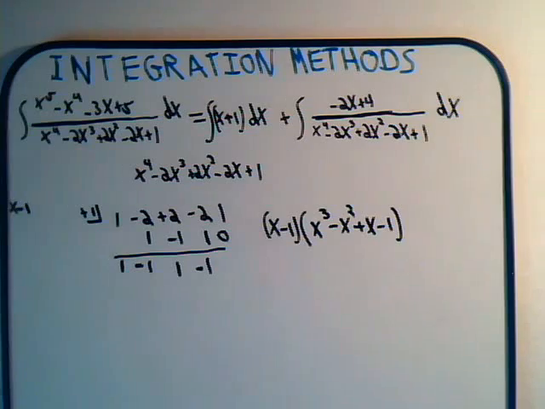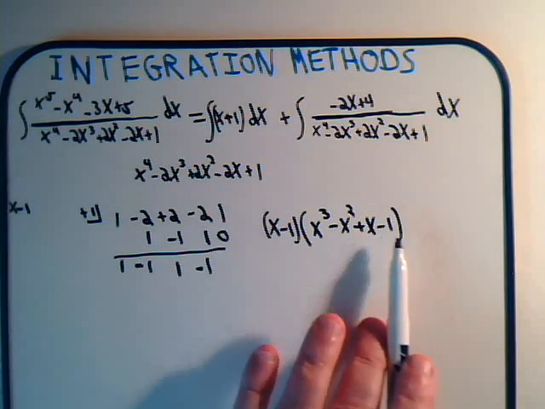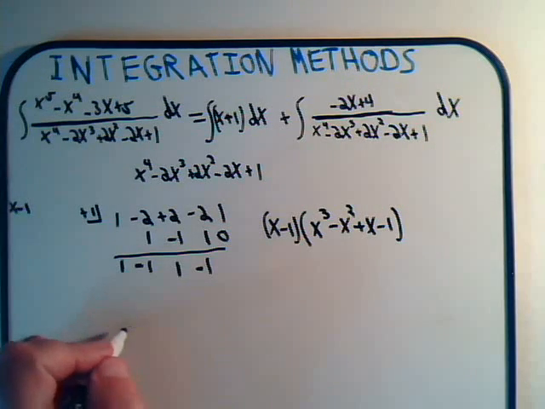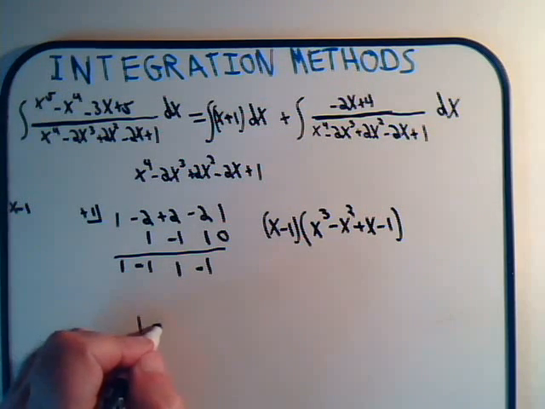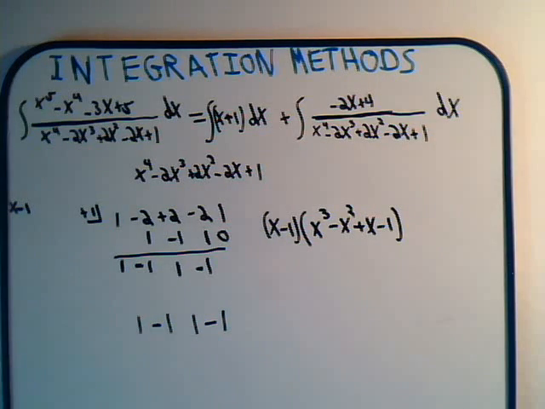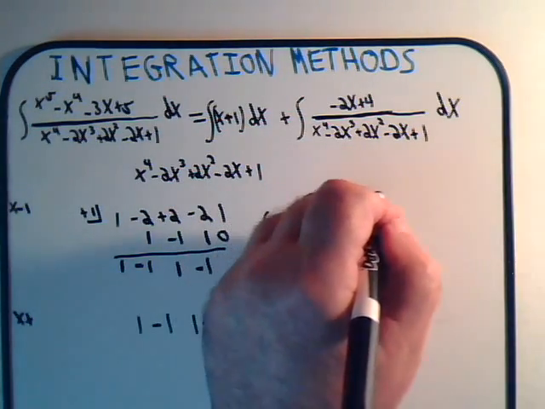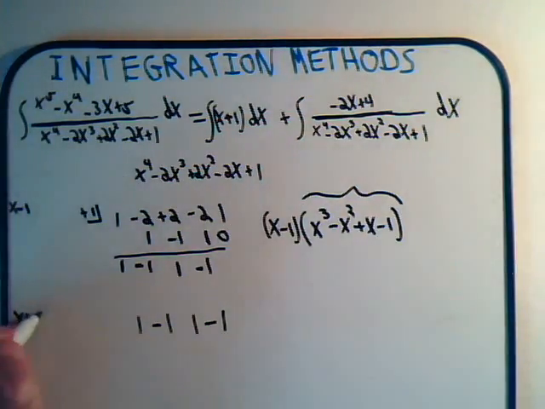Again, we write down the coefficients. x cubed, x squared, x to the 1, x to the 0, and the coefficients are 1, minus 1, plus 1, and minus 1. Let's see if maybe x plus 1 is a factor for this part.